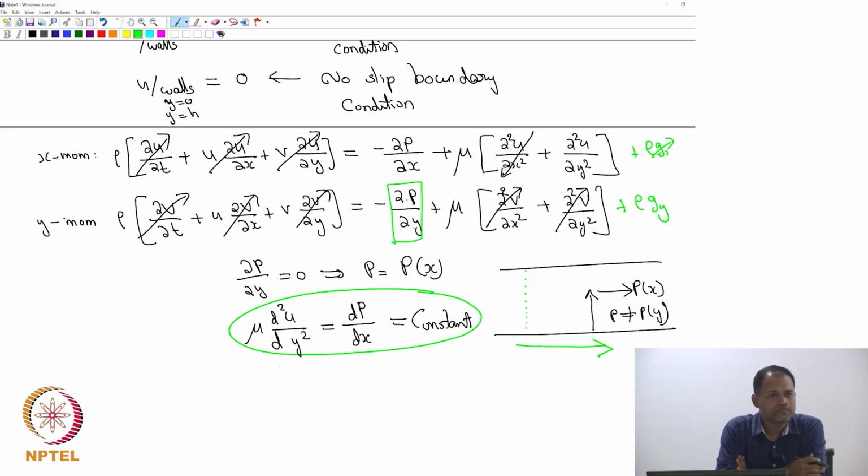I'm saying that it won't be constant then, because the pressure is a function of y also, then mu d square u by dy square is a function of y. So, that is what I am saying, that the pressure has two components now, one is due to gravity, the other is due to flow. What we have calculated is the pressure due to the flow, not due to gravity.